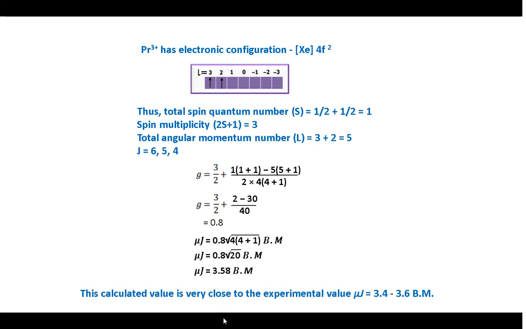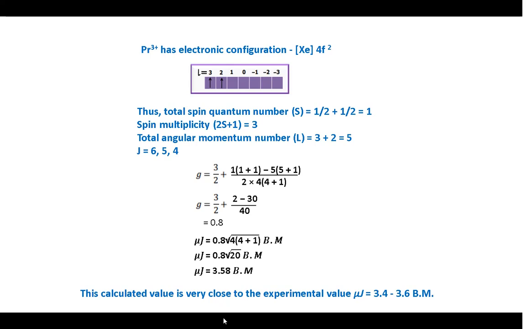Now, g is equal to 3/2 plus [1(1+1) − 5(5+1)] divided by 2 × 4 × (4+1). g becomes equal to 0.8.